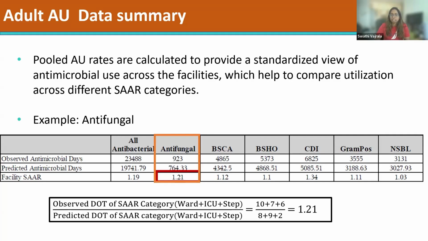That means 1.21 is the facility SAR for the antifungal agent category. Similarly, for the pooled all antibacterial SAR value, the facility SAR will be 1.19 if we divide the observed antimicrobial use by the predicted antimicrobial use.